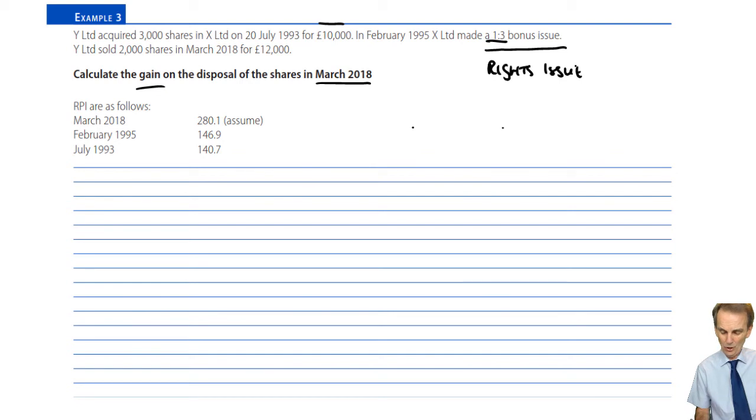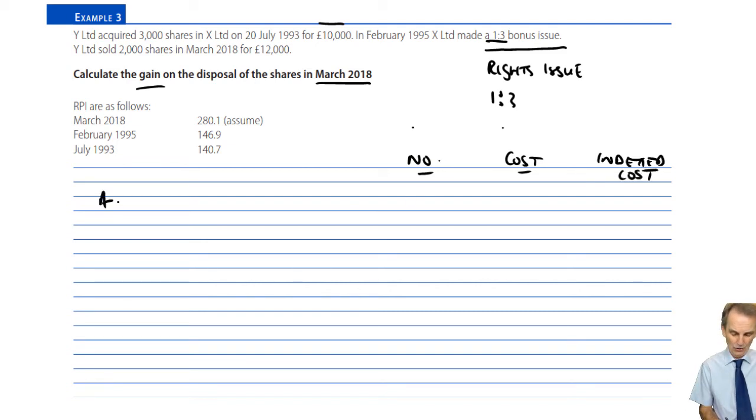What you would be told is something like 1 for 3, 1 share for every 3 shares held. Now we'll remember the number, cost, and index cost columns. We knew that on our original acquisition we had 3,000 shares that cost £10,000, exactly as we had before.